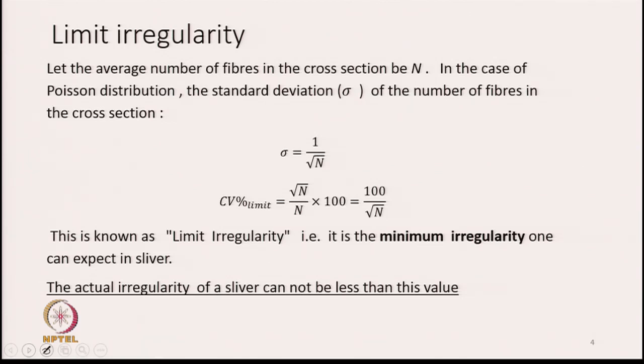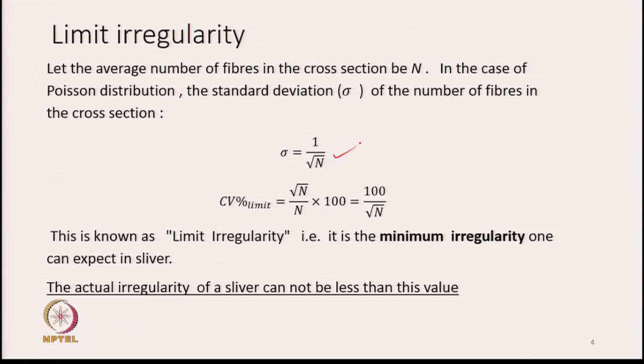So, let the average number of fibers in the cross section be capital N in case of Poisson distribution. The standard deviation of the number of fibers in the cross section will be root N. We get this because the fibers follow Poisson distribution, and hence the CV is always sigma by mean into 100.